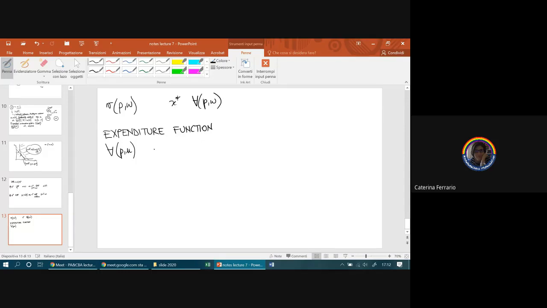So it is the value of the expenditure minimization problem. It's the value of the expenditure for any optimum solution of the expenditure minimization problem. So this is the dual of the indirect utility function.